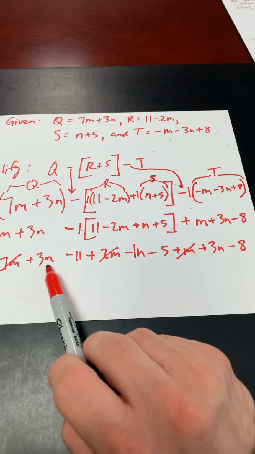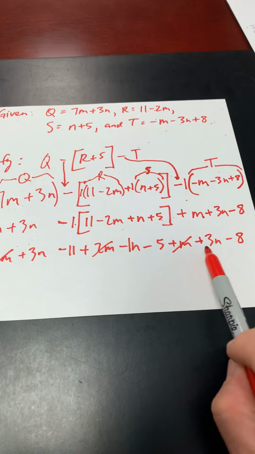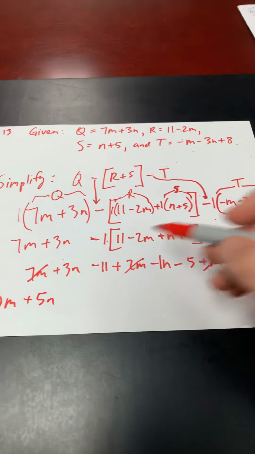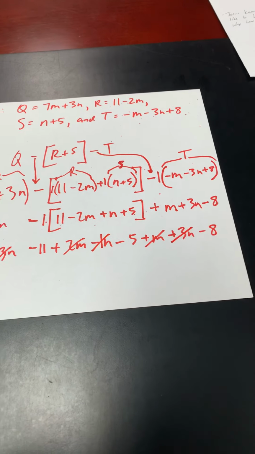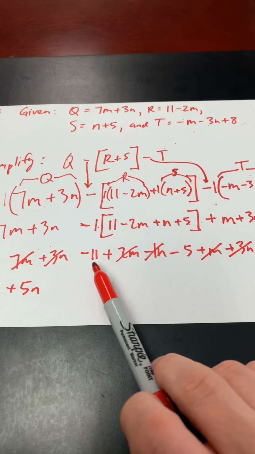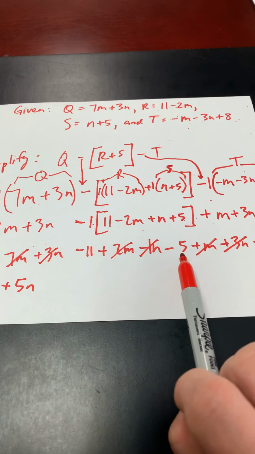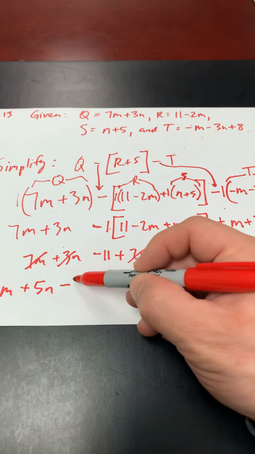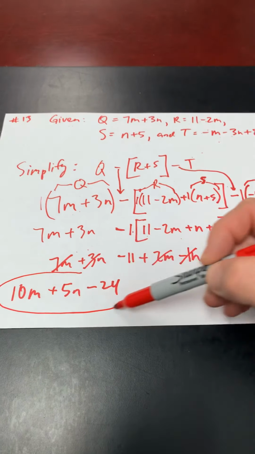So 3n minus 1n gives us 2n. 2n plus 3n gives us 5n. So we've combined all of our n's. Okay, now we're just left with -11 minus 5. -11 minus 5 is -16. -16 minus 8 is -24. And there's our simplified answer.